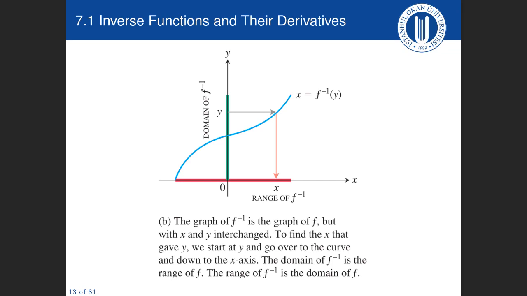The graph of f inverse is just the graph of f, but with x and y swapped. To find the x that gave a particular y, we can do the opposite. What we could do is start at a y on the y-axis, go horizontally until we get to the graph, and then go downwards and we find the value of x.